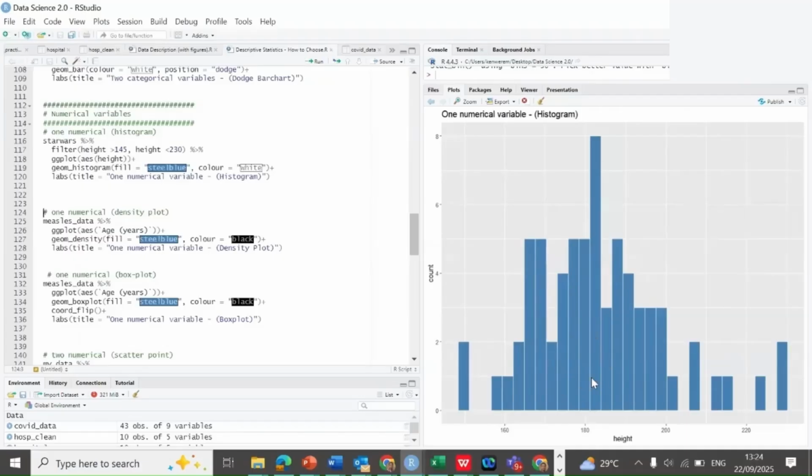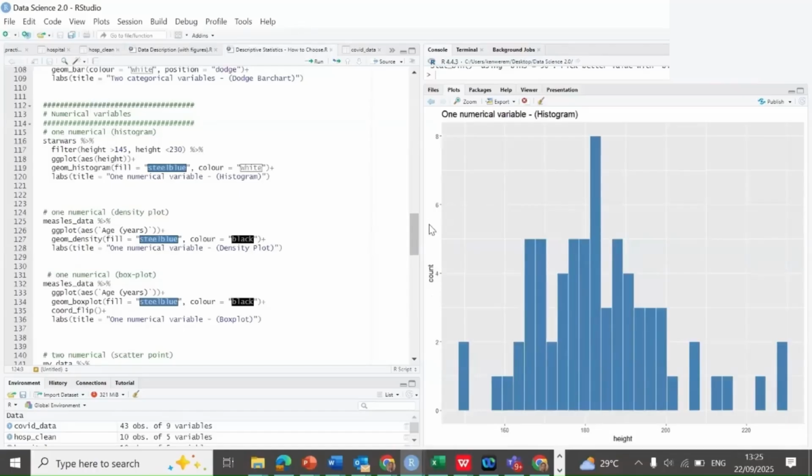The difference between a histogram and a bar chart is that there's space that separates bars in a bar chart because they are categories. However, a histogram is describing a continuous numerical variable. Therefore, there are no spaces in between because there are no spaces between numerical values. Okay, so that's how we describe a single numerical variable with a histogram.